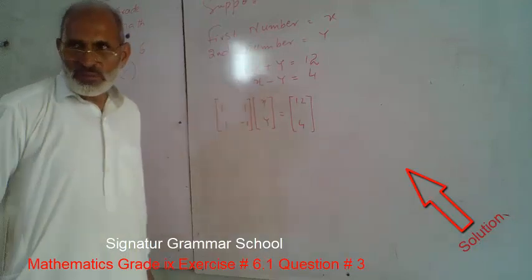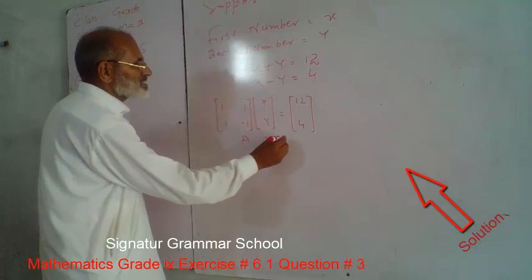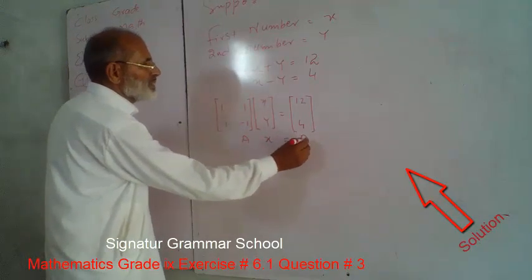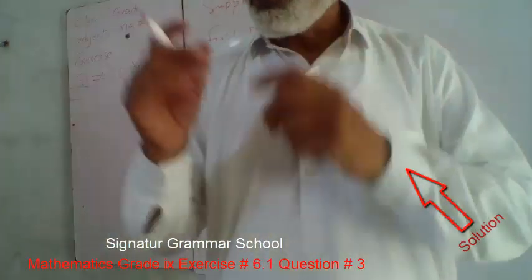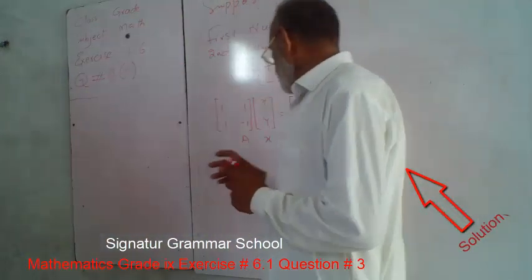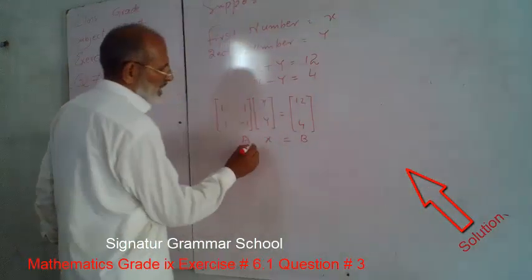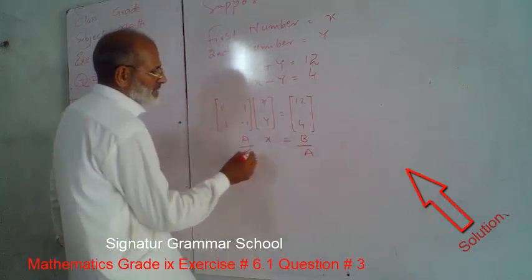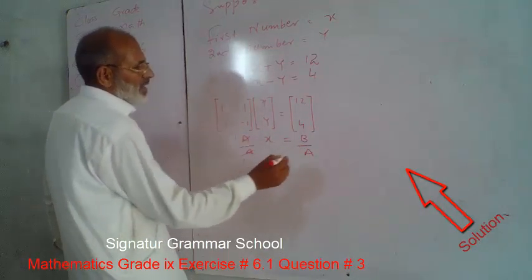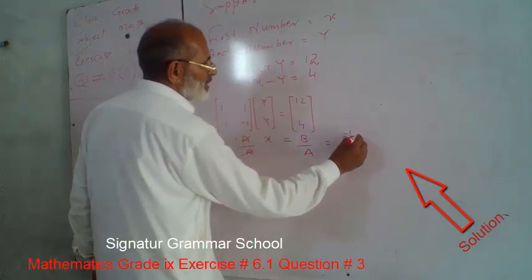So, this is our A, this is our x, and this is our B. To find the value of x, what do we do? We divide both sides by A. This side is divided by A, this side is divided by A. This is cancelled, and here it becomes A inverse B.